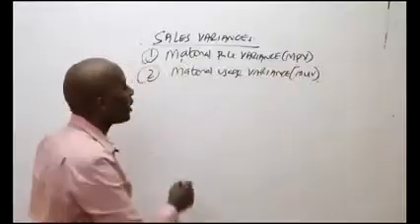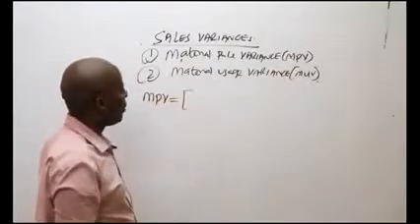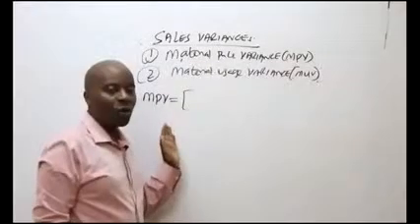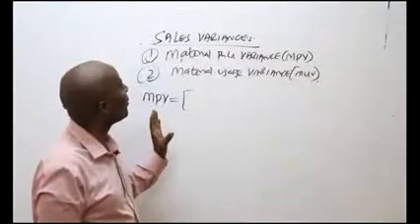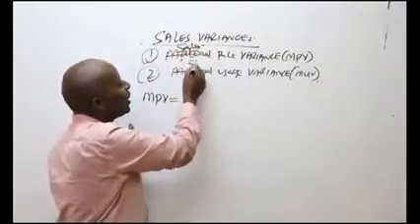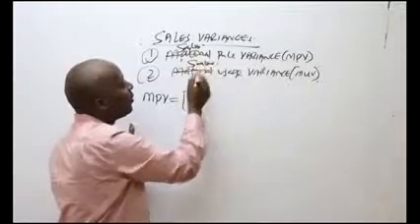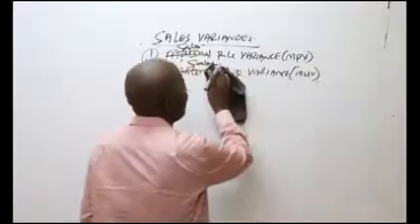So we start with the first one, the material price variance. How do we get material price, or not material, sales? I'm going back. This is supposed to be sales. So we have in this case sales price variance.